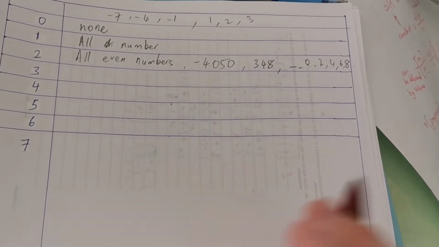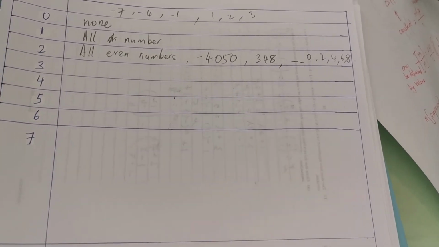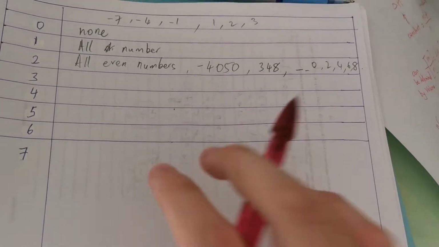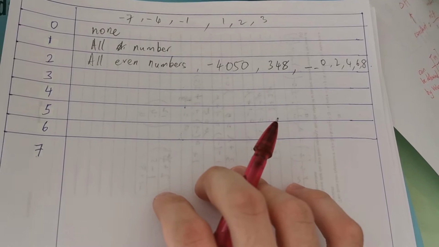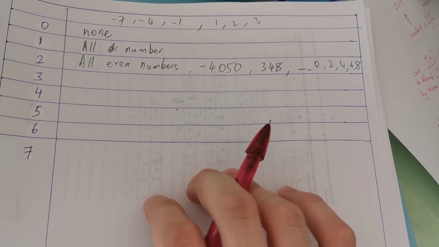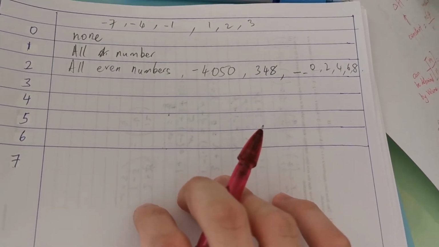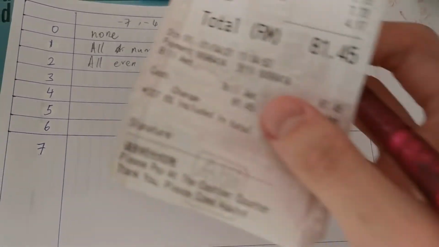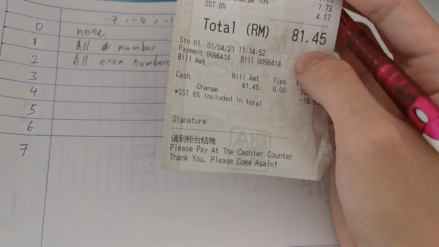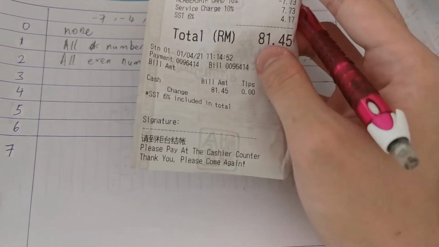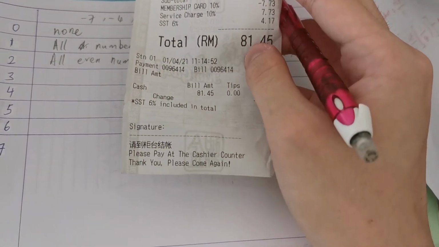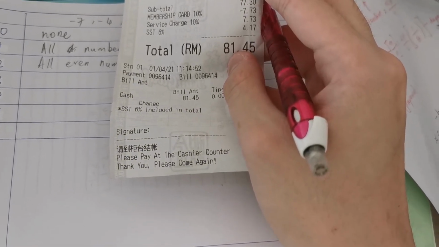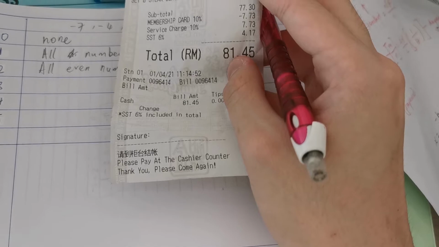Okay, what number is divisible by 3? To know that, first we add up all the digits in that number. If the sum of the digits is divisible by 3, then that number is divisible by 3. Let me give you an example. Here I have a receipt, lunch with my friends yesterday. Let's omit the decimal point and use 8145.